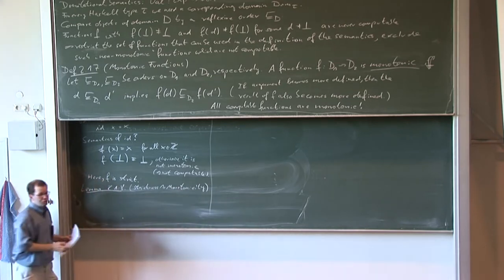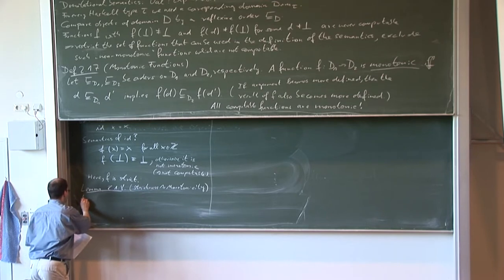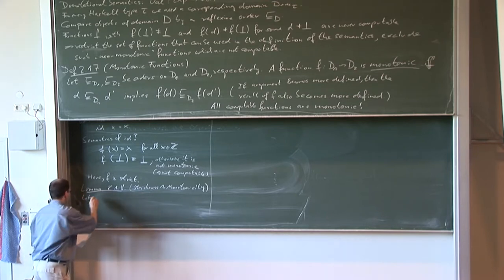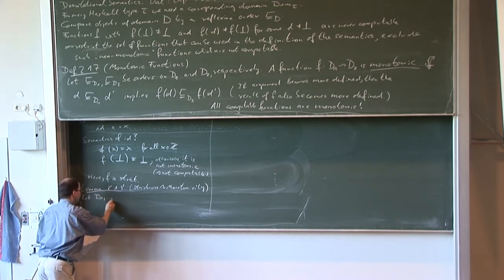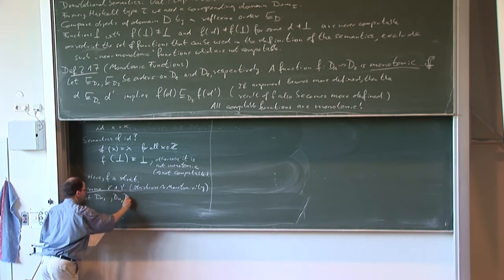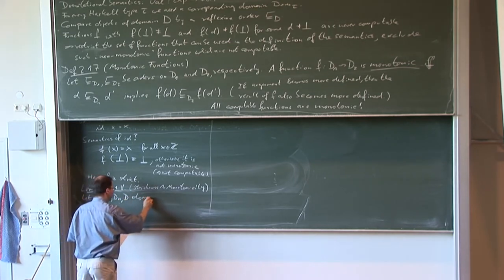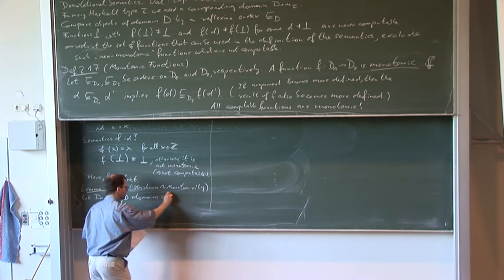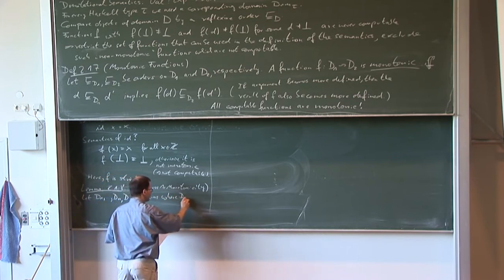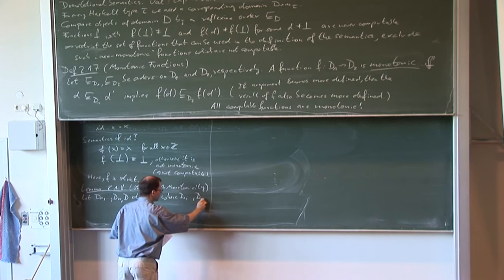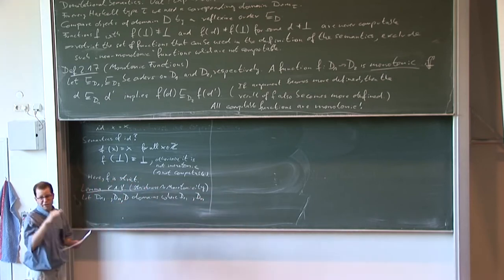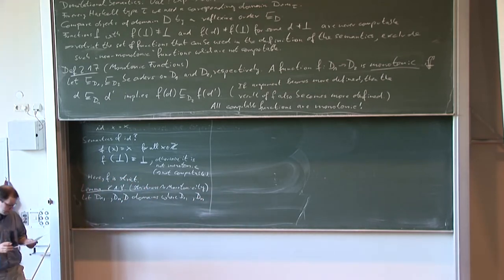But this is only true for flat domains. So if we have domains D1 to Dn and another domain D, let these be domains where D1 to Dn are flat. So they look like these base domains where we have one bottom element and everything else is defined.